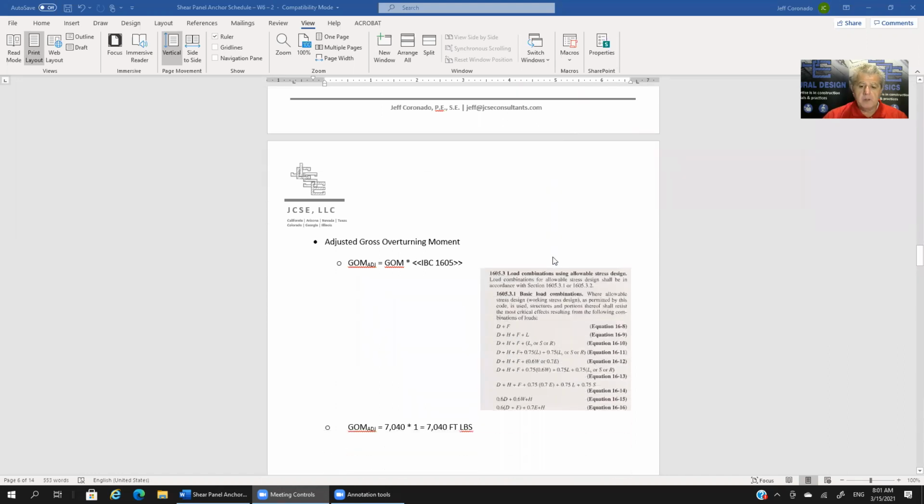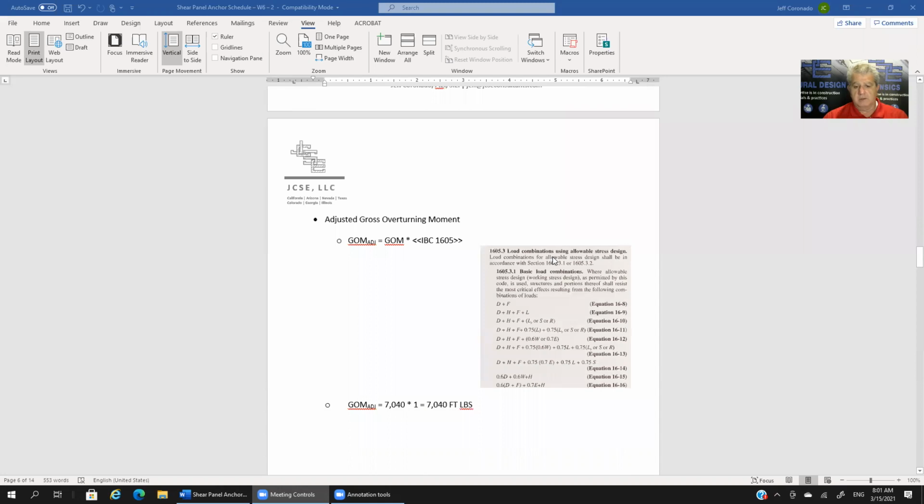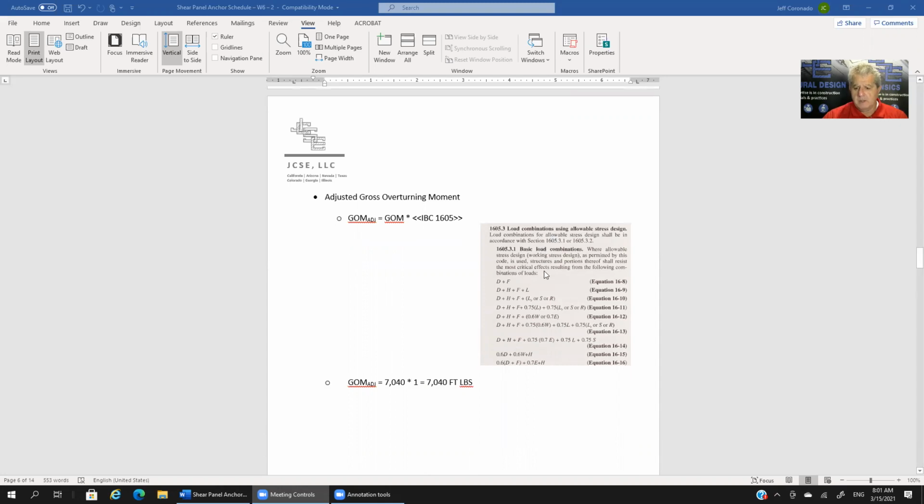In a lot of regions of the world, you're going to need to use the International Building Code. So you need to use factors from the International Building Code to adjust the gross overturning moment into a design gross overturning moment.